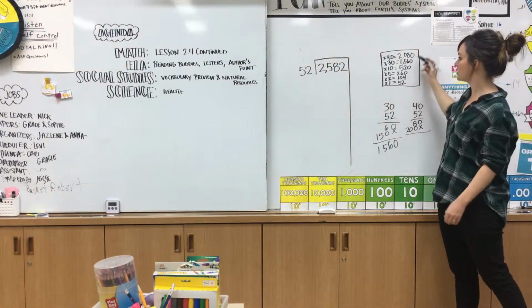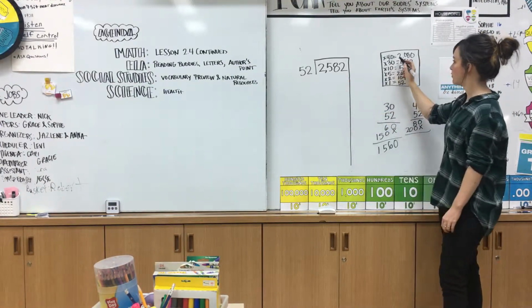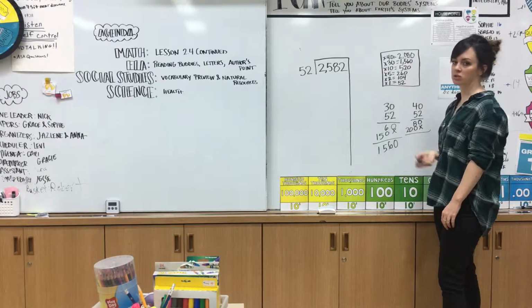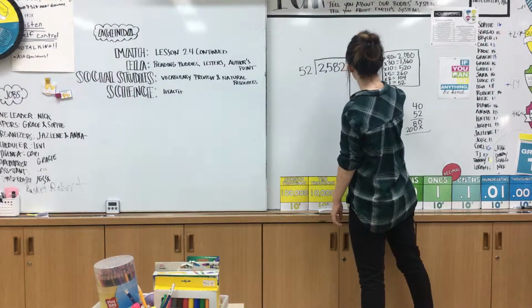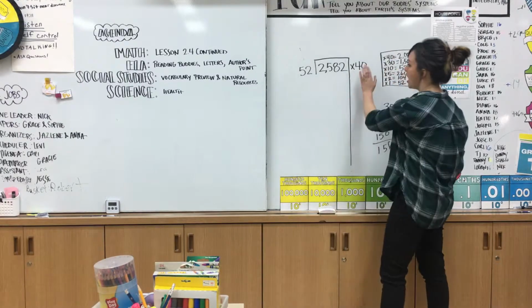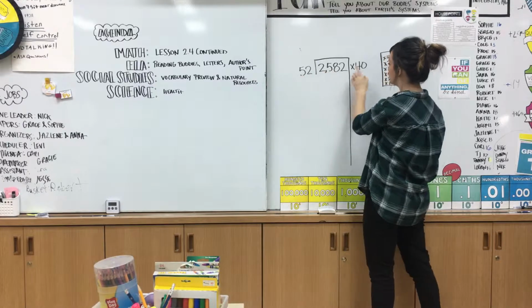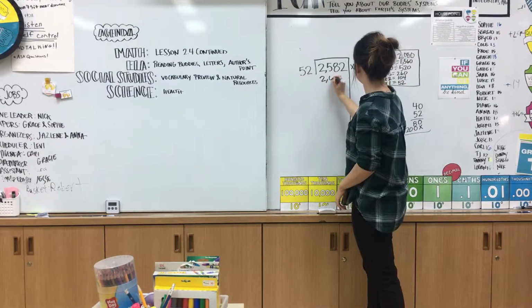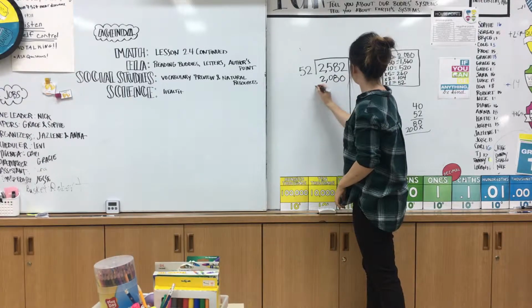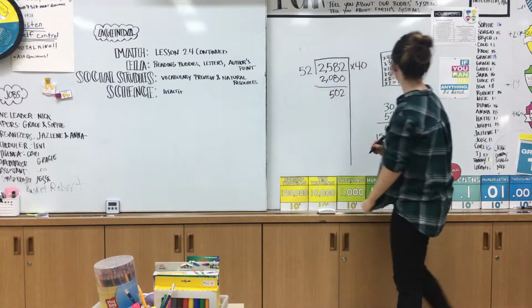So I look for the first number that I can take away from 2,582, and I notice that when I multiply by 40, this number is lower than that, so I'm going to multiply by 40 first. So I'm going to put times 40 on the outside. I'm always multiplying this outside number by my divisor. So 40 times 52, we already know it, it's 2,080. I go ahead and subtract, and I have 502 left.